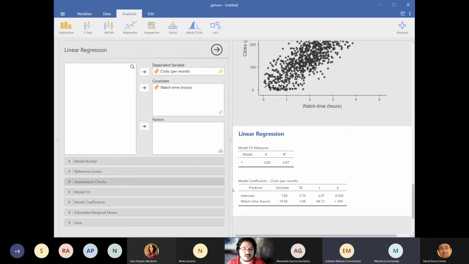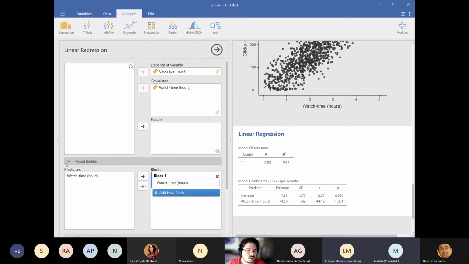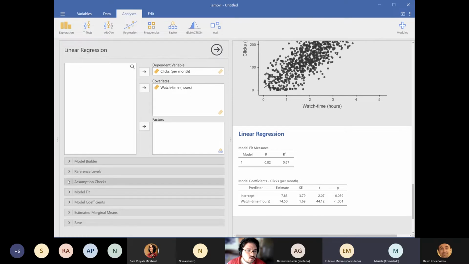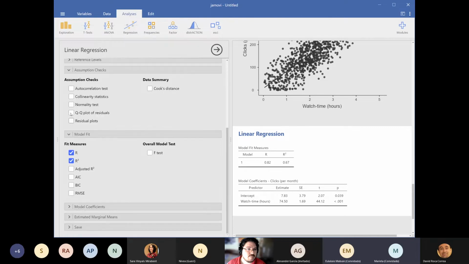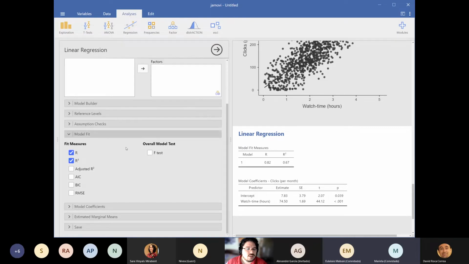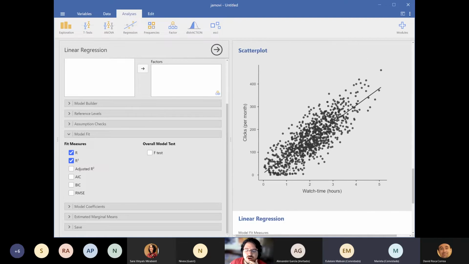I'm not going to go into a formula yet, but let's go to the model builder. Now, this seems rather obvious that this works, okay?